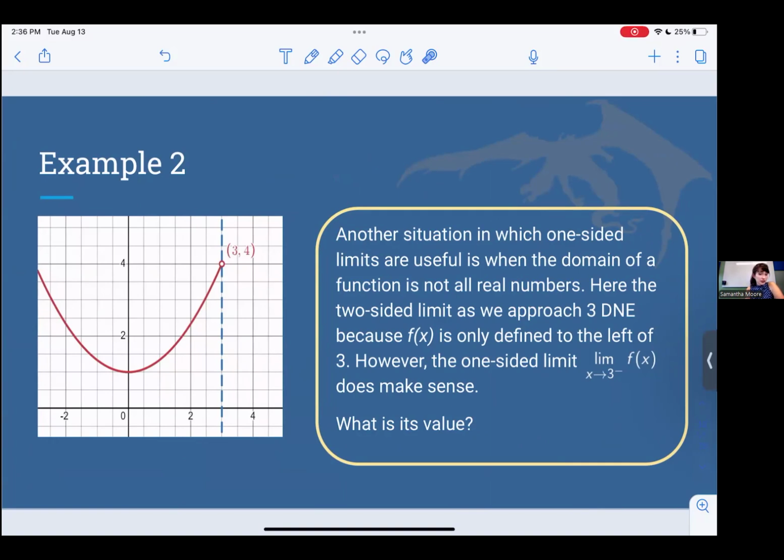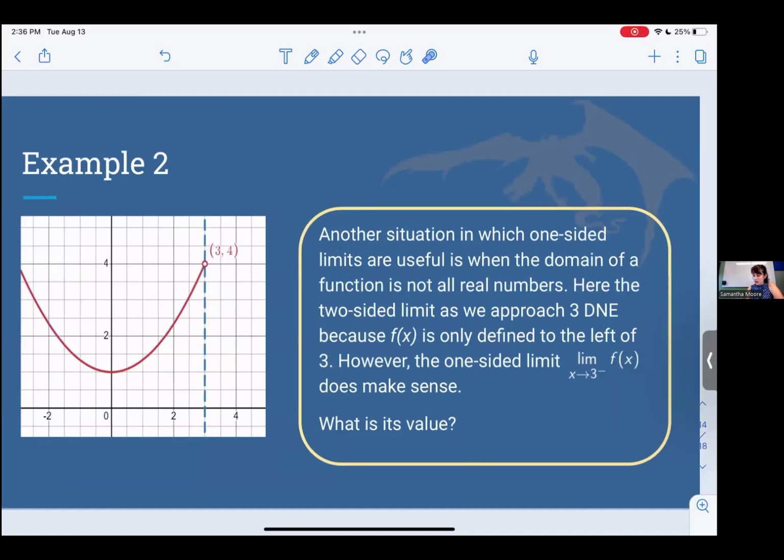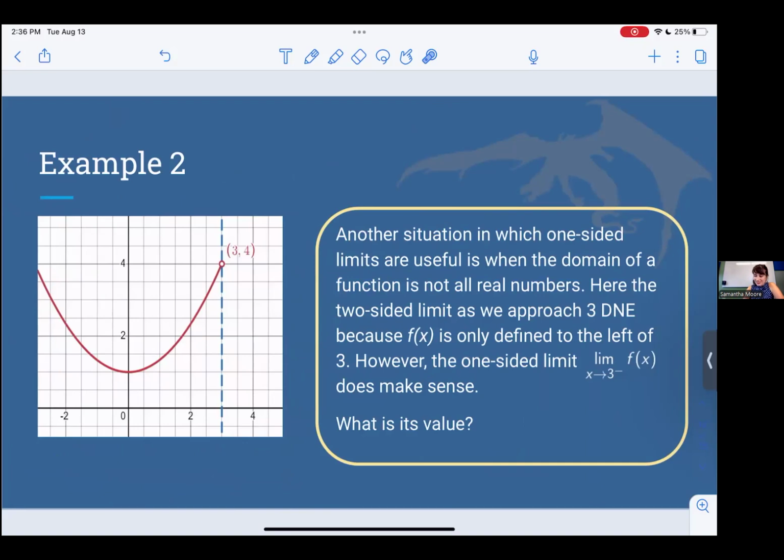So we have our x values approaching 3 from the left, we look at the corresponding points, and then the corresponding y values. And it looks like our y values are getting closer and closer to 4. So we would say that the limit as x approaches 3 from the left of f of x is equal to 4.